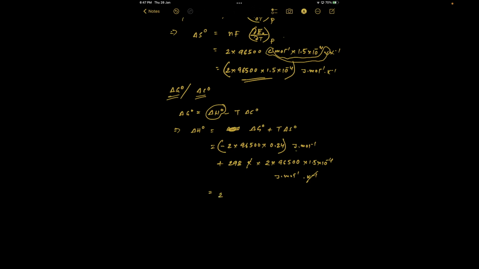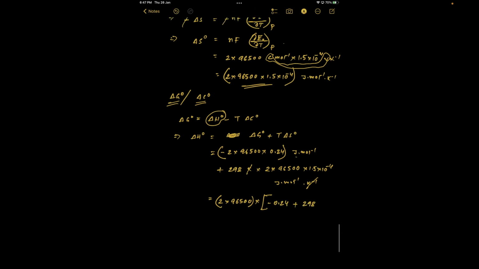Okay, what is the value? If you just take common 2 times 96,500, then it will be equal to minus 2 times 0.24 plus 298 times 1.5 times 10 to the power minus 4 joule mole inverse.